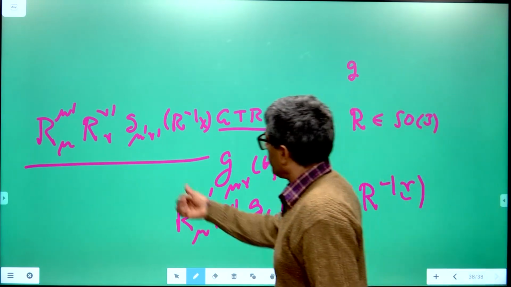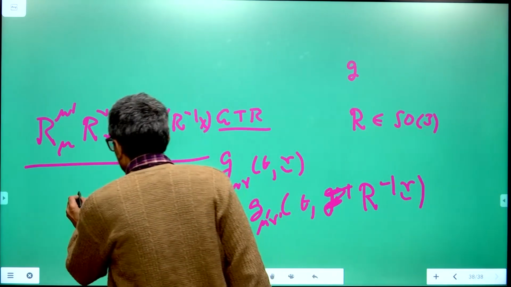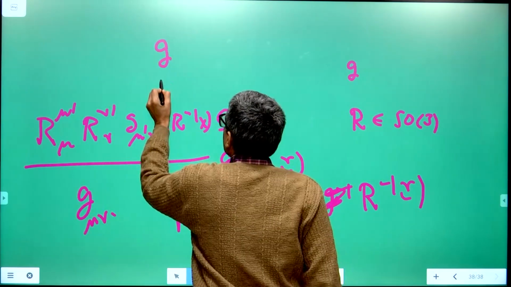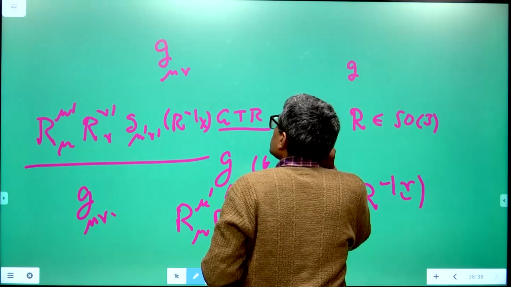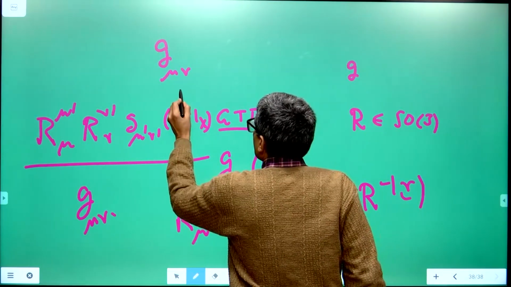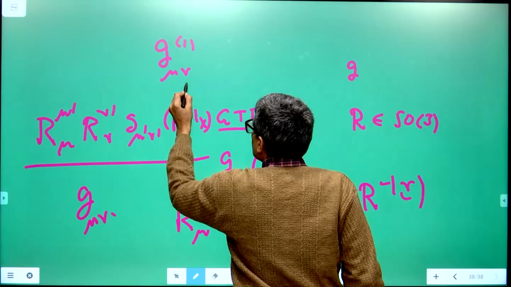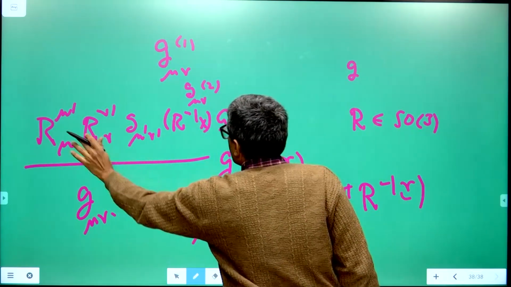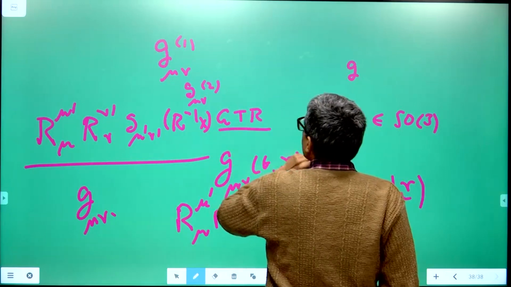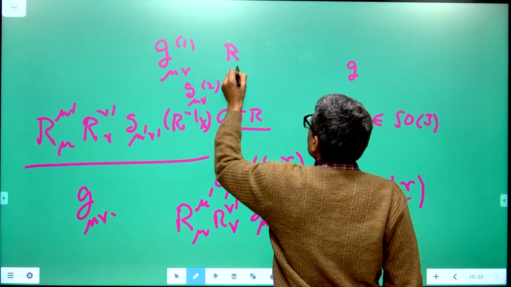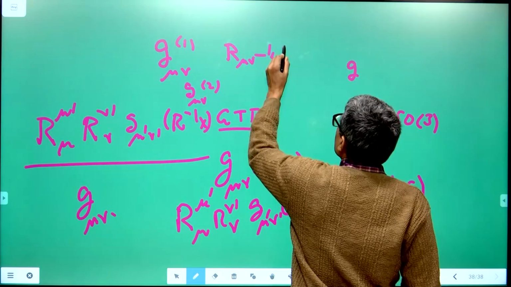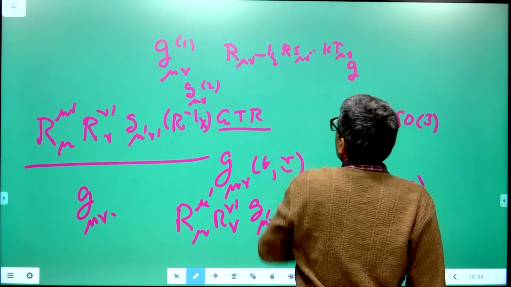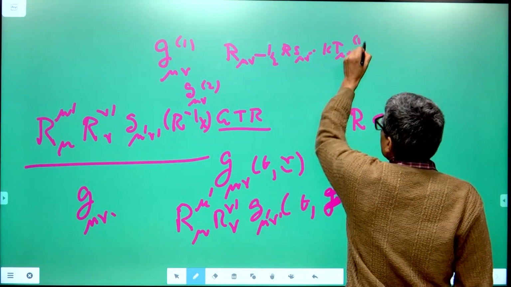So first you use the fact that g_mu nu satisfies the Einstein field equations. So you have g_mu nu 1, which satisfies Einstein's field equations, and the rotated g_mu nu, I call this g_mu nu 2, the g_mu nu transformed according to the Lorentz transformation, also satisfies Einstein field equations, namely of the form R_mu nu minus half R g_mu nu equals K T_mu nu, where T_mu nu is the energy momentum tensor of matter.